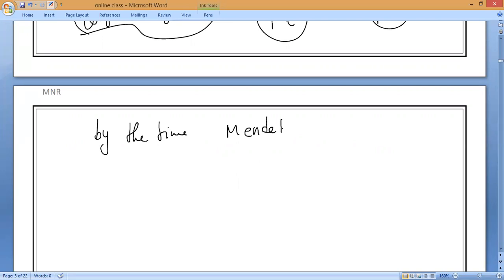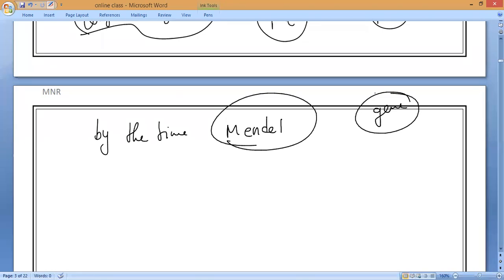So Mendel, as a carrier of heredity information, basically by the time of Mendel no gene had been identified. Even the word was not known. So the term we use basically, factors, was used by Mendel as carriers of heredity information.